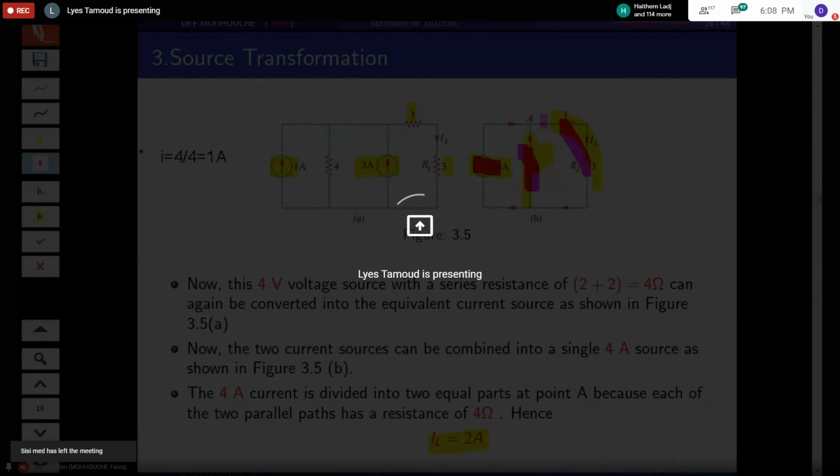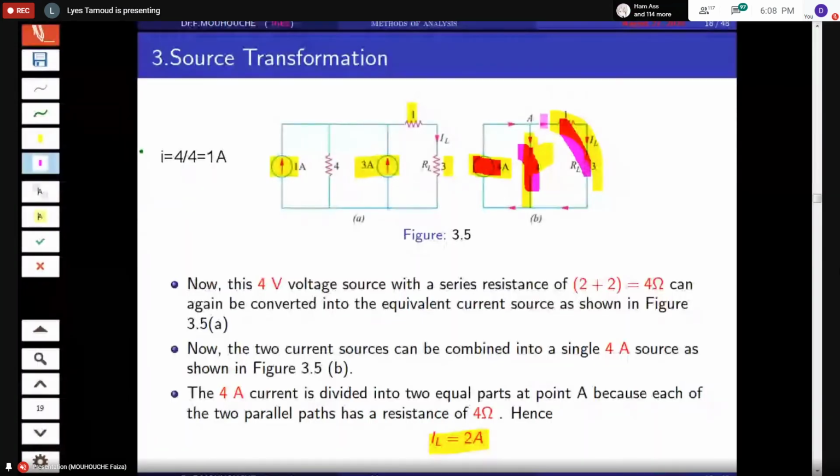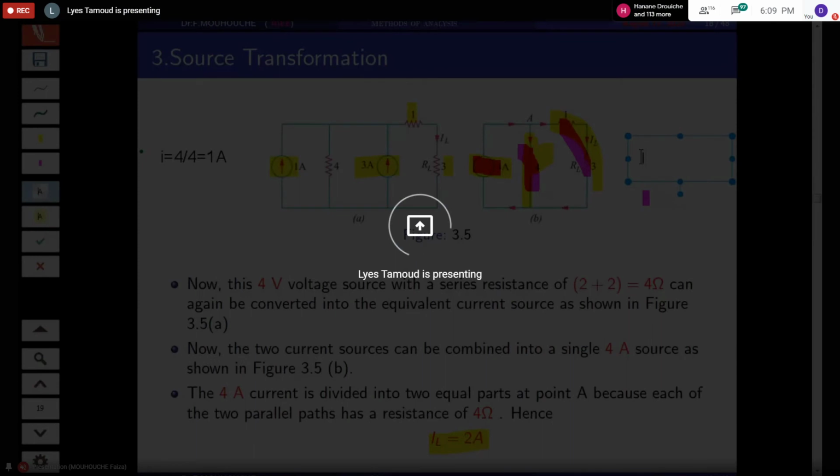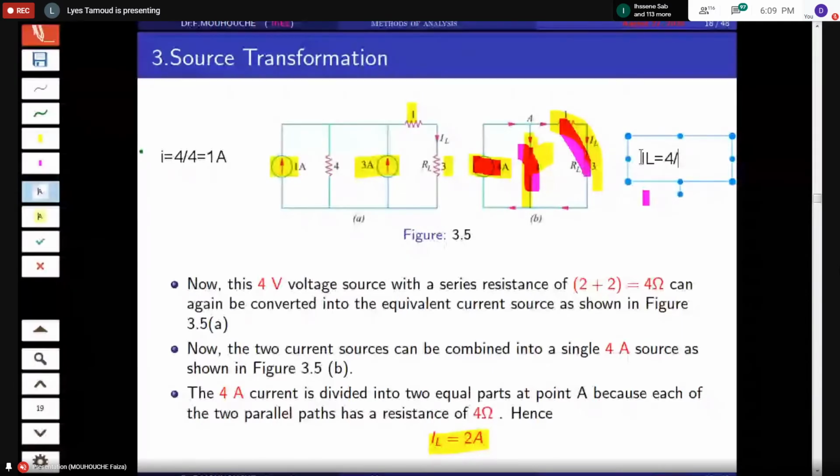When we have two branches with equal resistance, the current is divided into 2. So IL equals 4 over 2 equals 2 ampere.